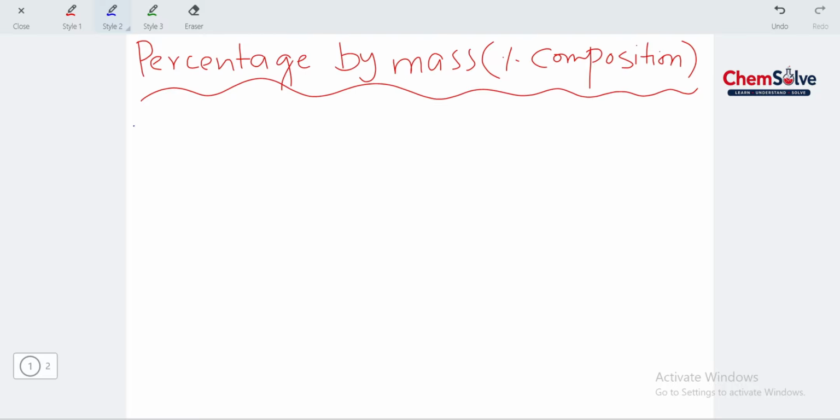Basically, we need two things to calculate percentage by mass. First of all, we have to calculate the molar mass of the compound. And the compound will be, of course, provided to us in the question. And we all know how to calculate the molar mass. Masses are given in the periodic table. We just add them up, and in this way we can calculate the molar masses.